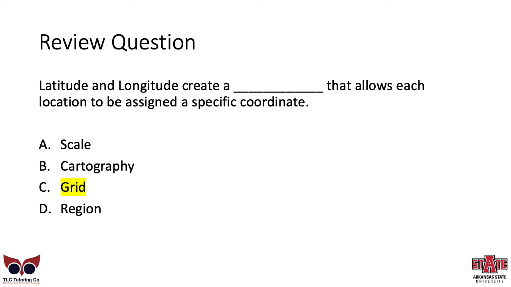The correct answer is C. Latitude and longitude create a grid that allows a location to be assigned a specific coordinate. Reflecting on our previous slides, you may remember that this is an absolute location because it's not based on other geographic points. This grid allows a user to pinpoint the exact location of a place on a map.